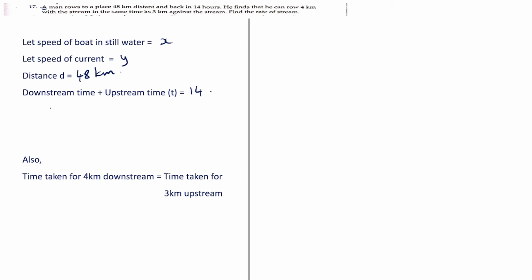So the downstream time is nothing but the distance travelled downstream upon the speed downstream, plus the upstream time, which is the distance travelled upstream upon the speed upstream. This is equal to 14.